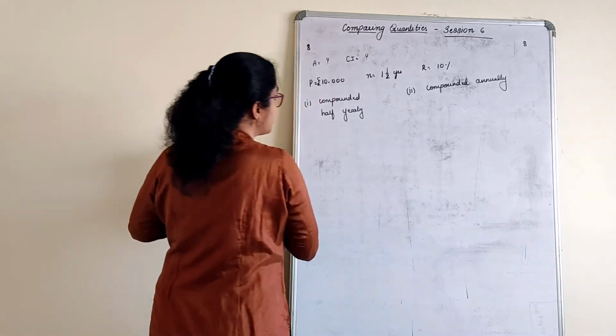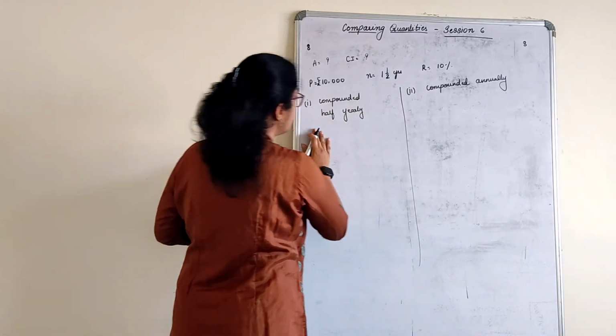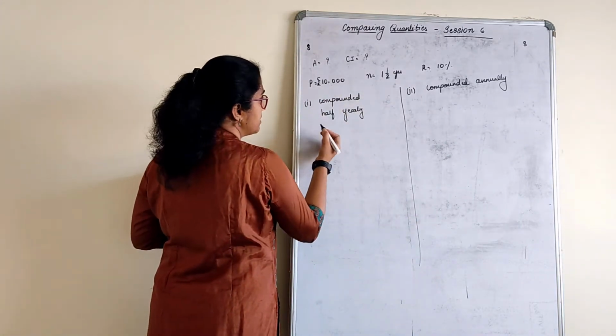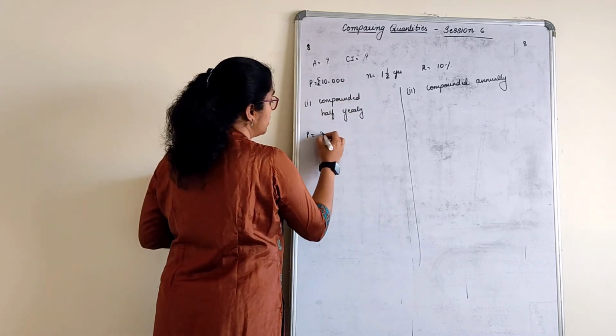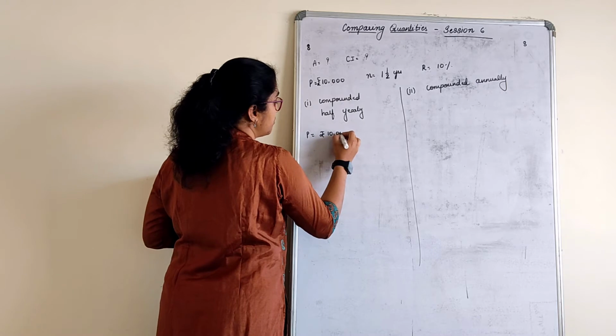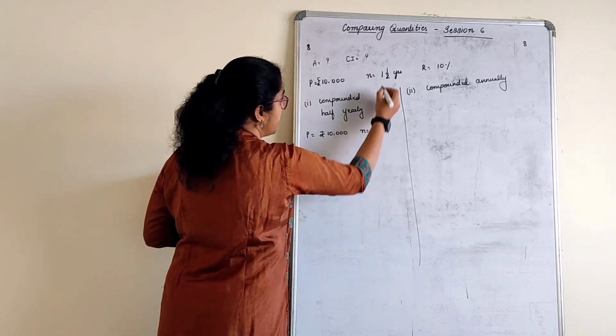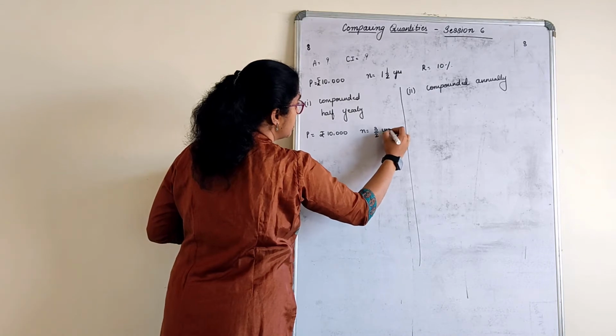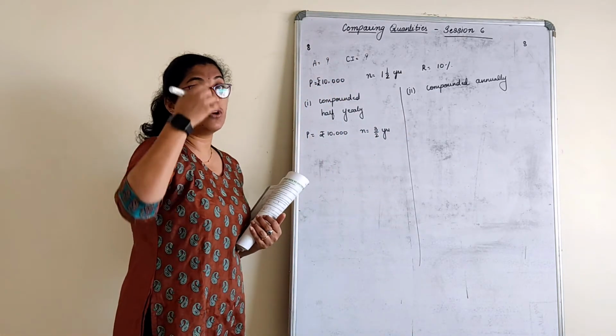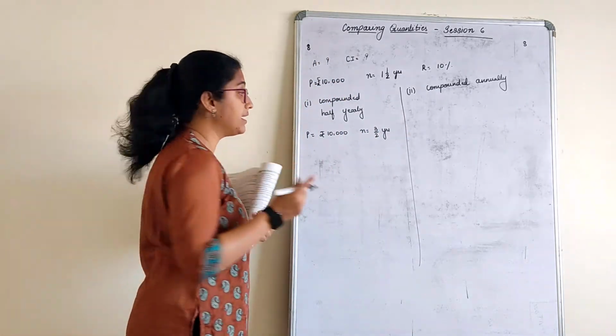So what will you do first of all here? For compounded half yearly, principal is 10,000, right? n would be 2 ones are 2, 2 plus 1, 3 by 2 years, because the formula would be raised to 2n, right?